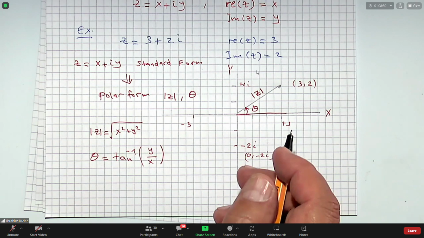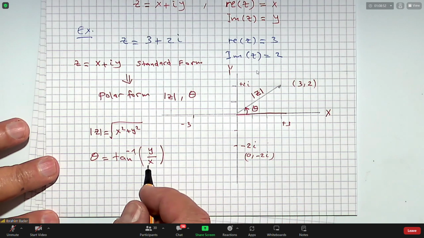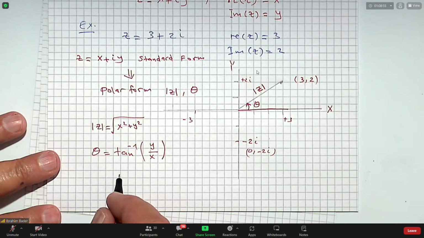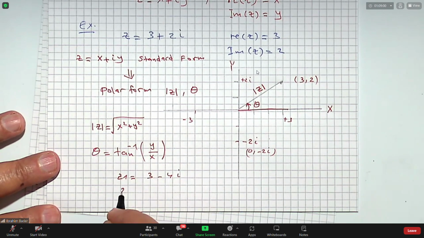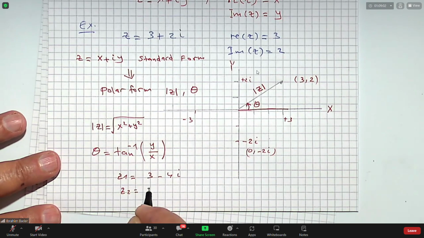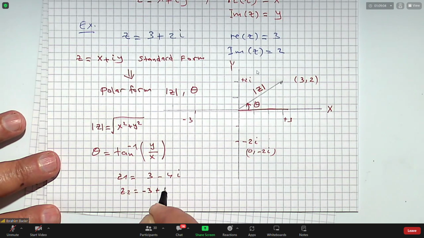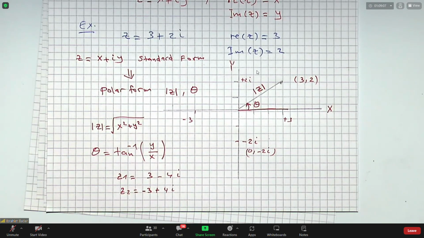So for instance, if I have z1 equals 3 minus 4i and z2 equals negative 3 plus 4i. These are two different complex numbers, but if you just construct this ratio, you will be getting the same ratio, right? How to distinguish which one belongs to which quadrant? Just consider the coordinates. So this is x, this is y.